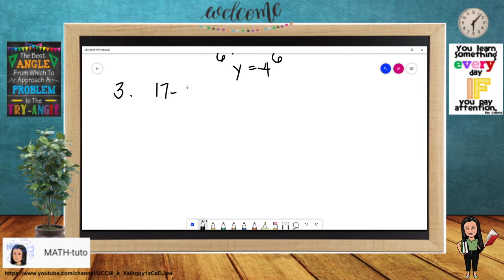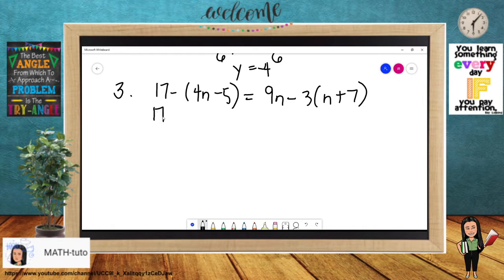17 minus 4n minus 5 is equal to 9n minus 3n plus 7. We need to simplify each side of the equation first.